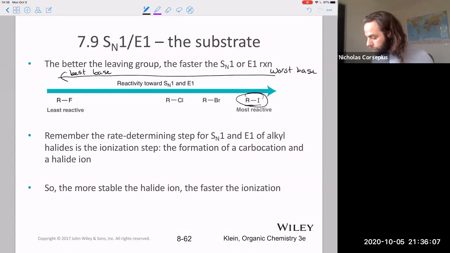So the best leaving group being the largest, and then it decreases from there. And just note, there's a large gap here. It's not that we're saying that an alkyl chloride doesn't undergo SN1 and E1 reactions. It's just that if we have two of them that we're comparing, the iodide will be faster.